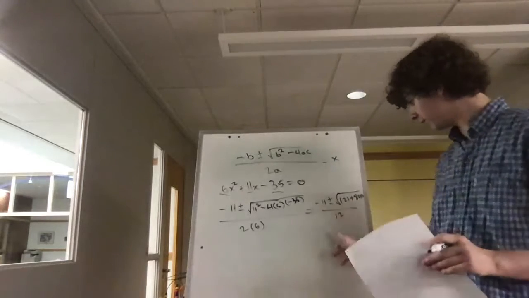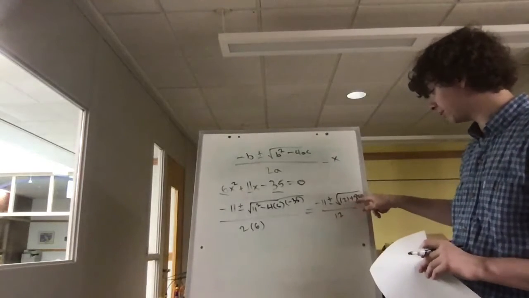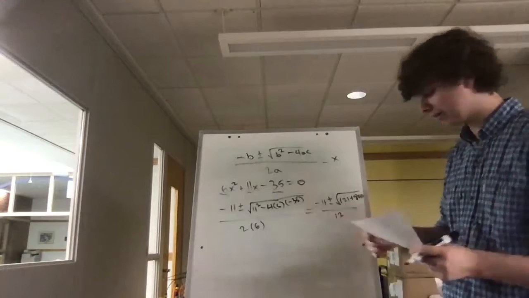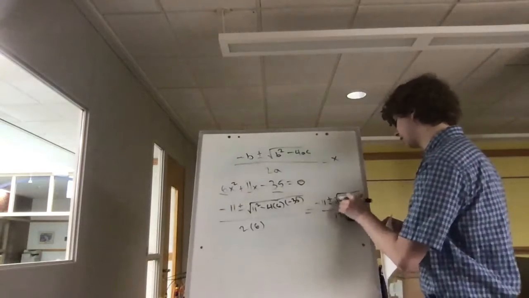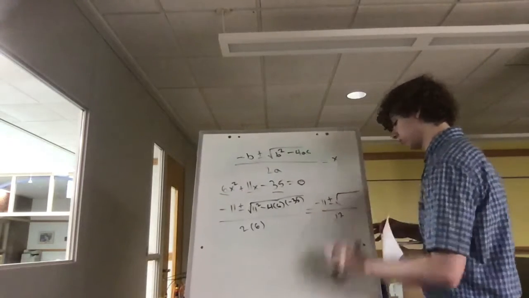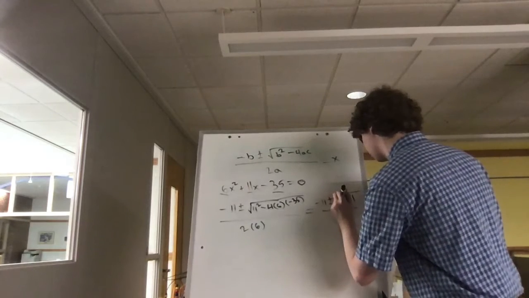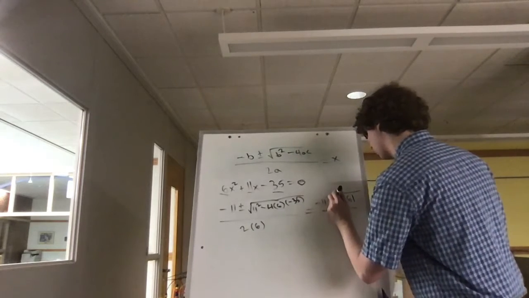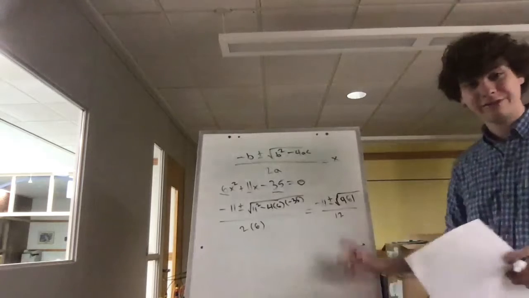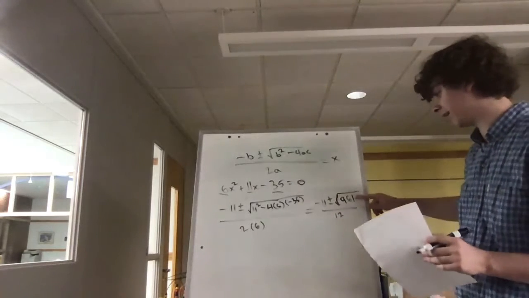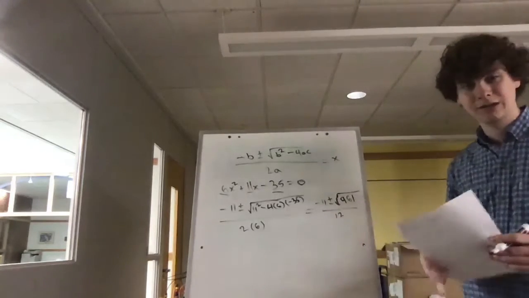All right, let's simplify this a little more. 121 plus 840. Well, that gets us 961. So now we have negative 11 plus or minus the square root of 961 over 12.